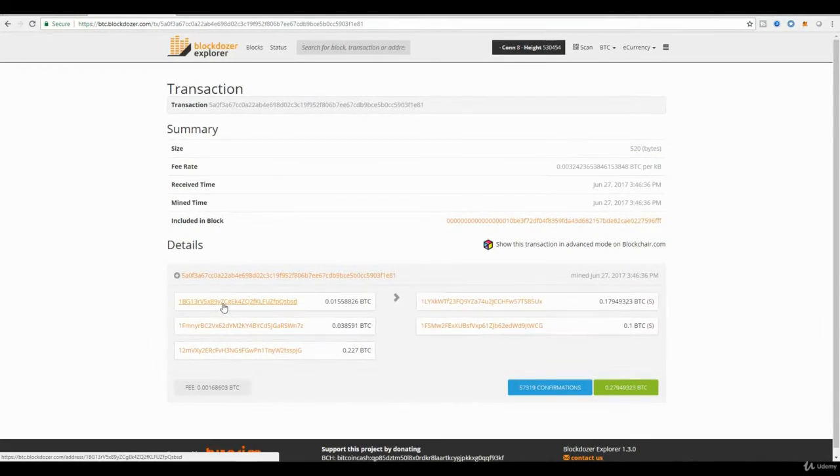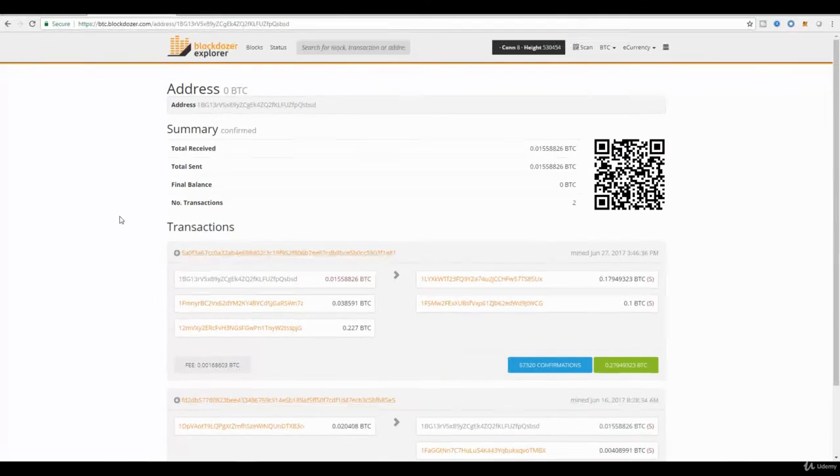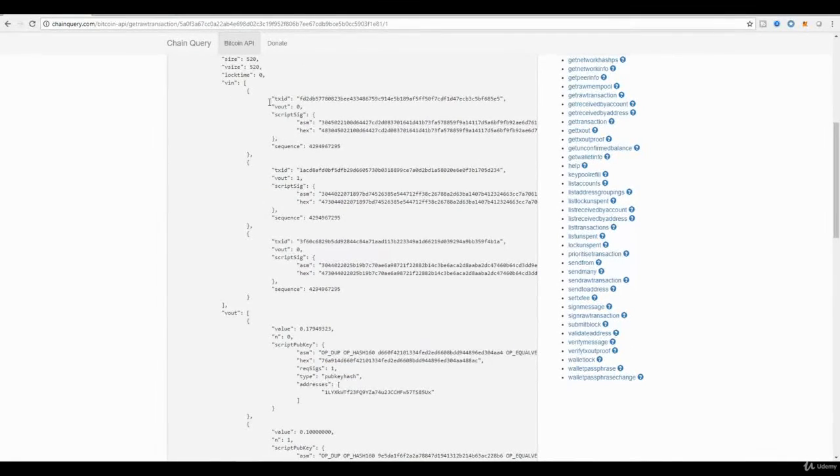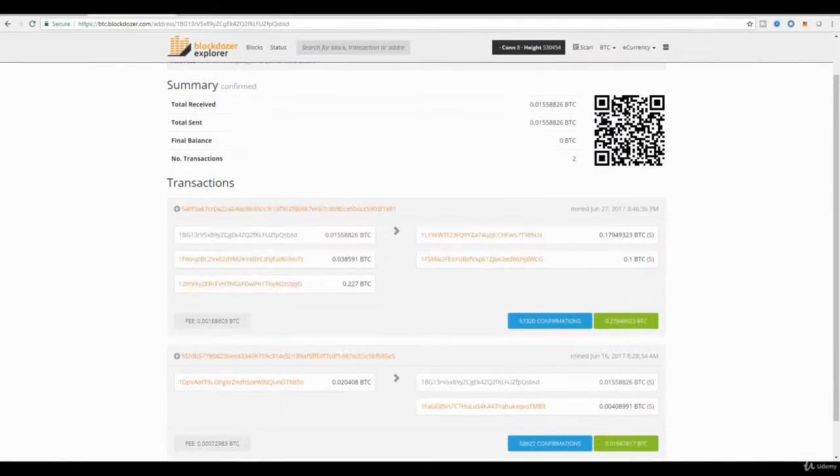However, if you go back into the first input, you will find that there's history: that input actually came from a previous transaction, and that transaction begins with FD2D and ends in 5E5. So what you're really seeing is that this input is actually coming from this transaction. This is the initial input that led to this input right here, which took us to the transaction we have today.